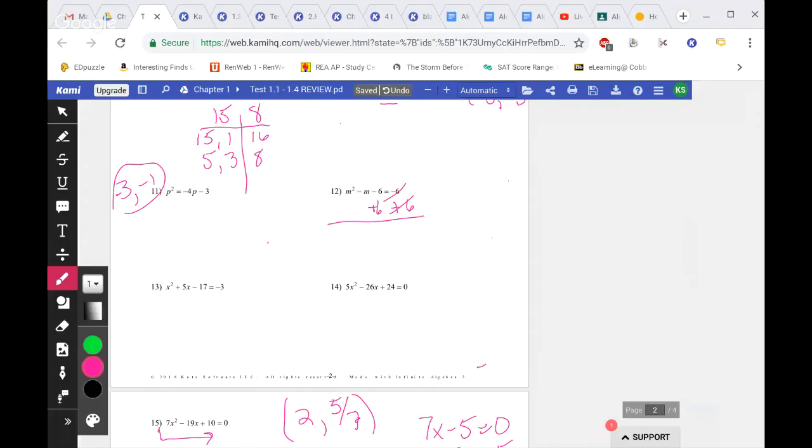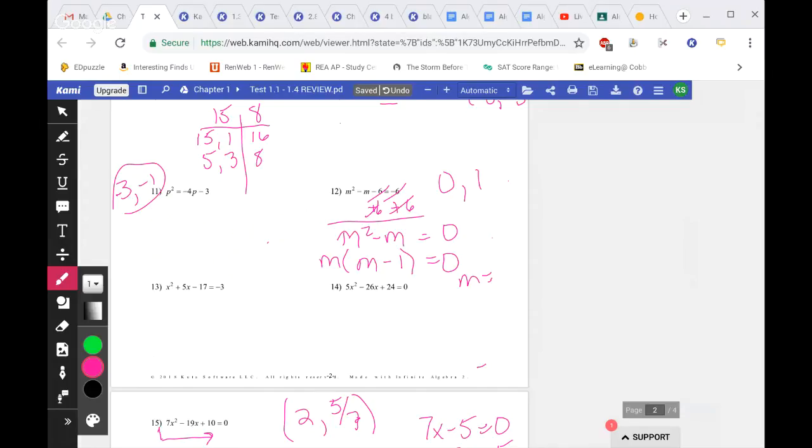I don't want you to second guess yourself. M squared minus M equals 0. So what you could do is factor that M out. We're a lot like that one we had earlier that was n minus 4, except this is going to be m minus 1. So you've got 0 and 1 as your solutions.